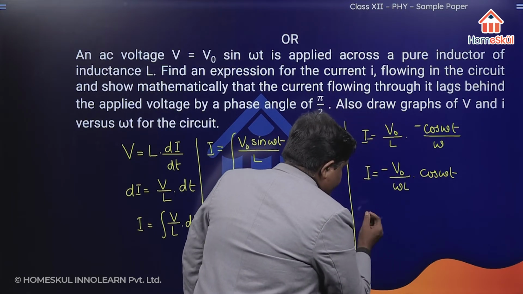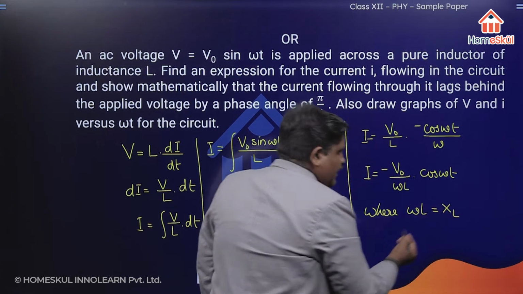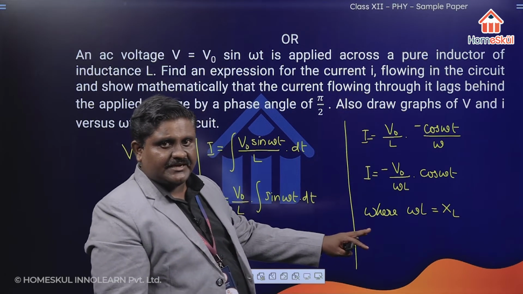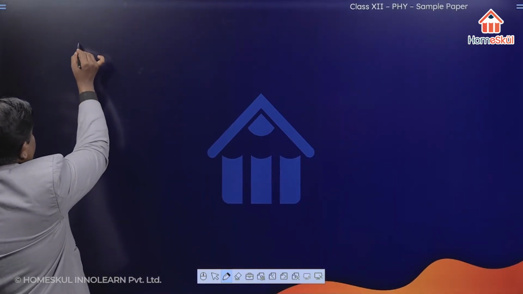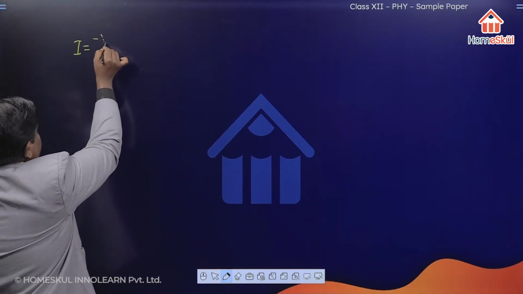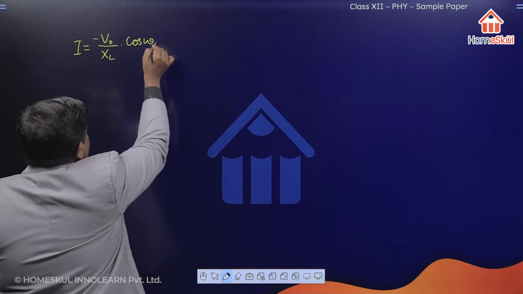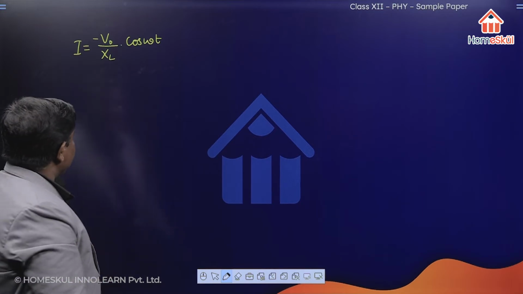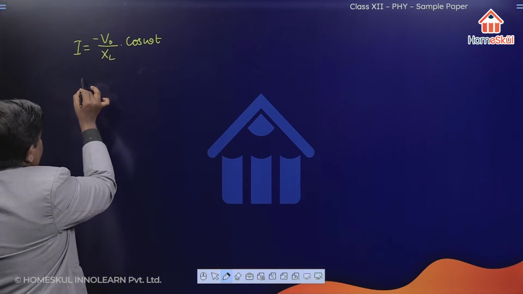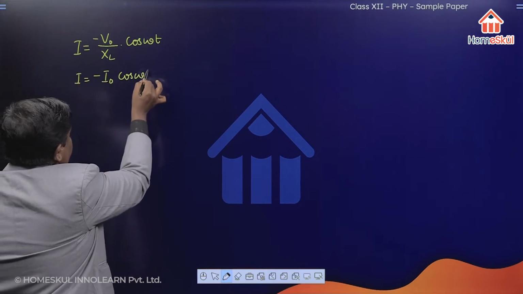Where omega L is equal to XL, that is called inductive reactance. Therefore the equation for current becomes I is equal to minus V0 by XL into cos omega t, where XL acts as the resistance for the inductor, right? Then V0 by XL can be written as I0, so I is minus I0 into cos omega t.